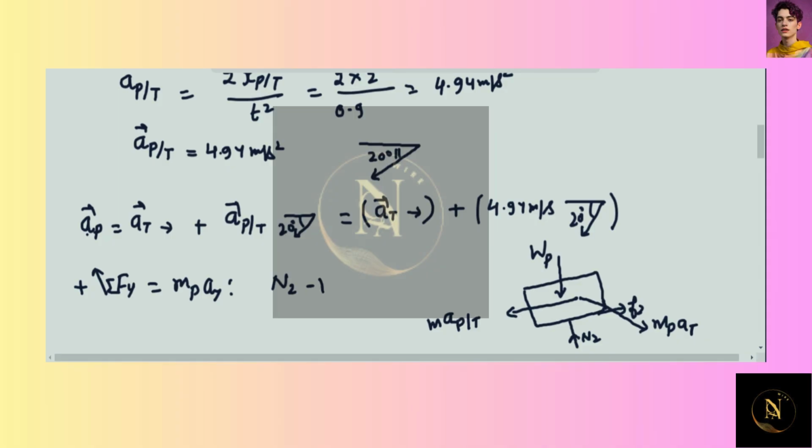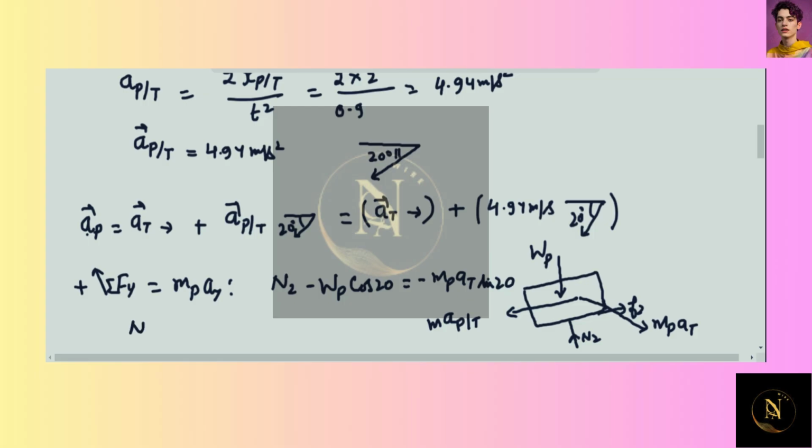So from here you may write N2 minus weight of ply cos 20 is equal to minus mp into acceleration of truck sine 20.